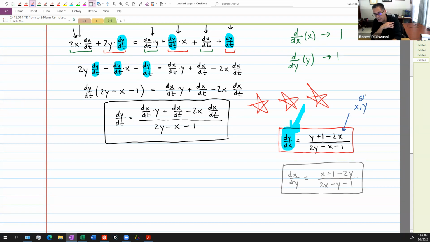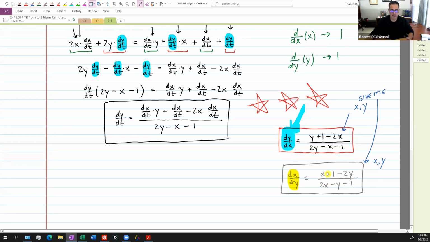Give me x and y and I'm in business. Give me the x, give me the y, and I will tell you the rate at which y changes with respect to x. Same with dx/dy. If I want to know the rate that x changes with respect to y, again, just give me x and y, and I'll just plug them in and be able to tell you that.